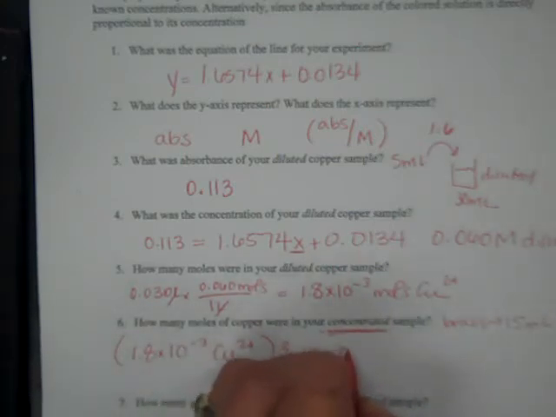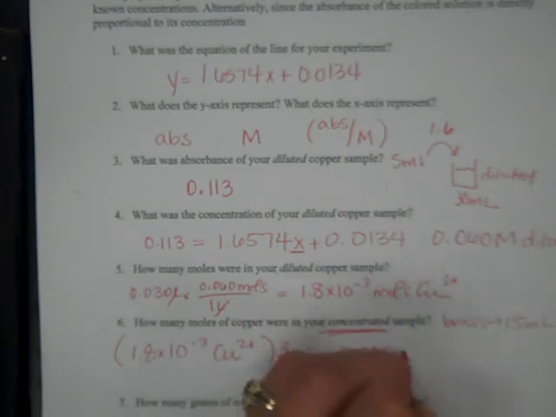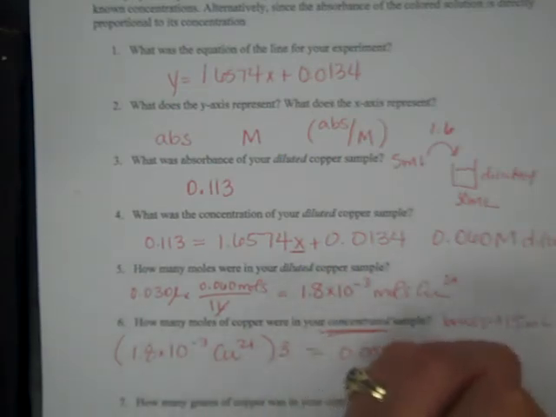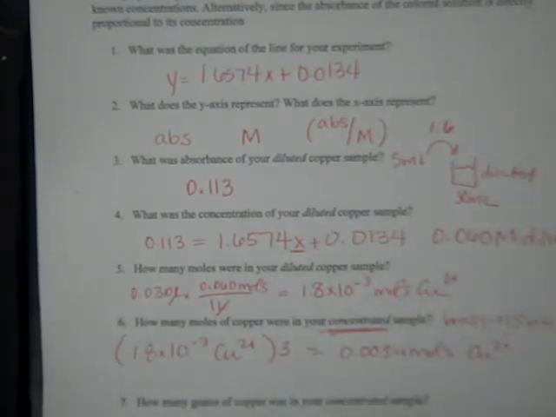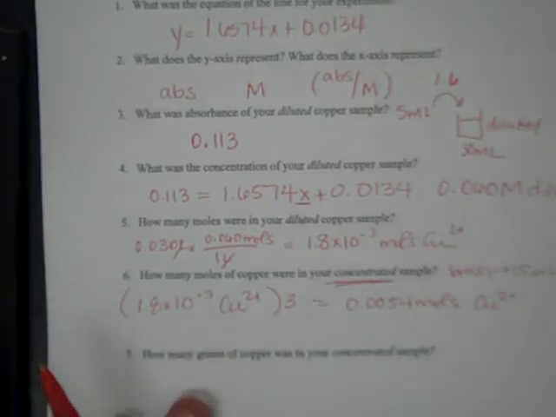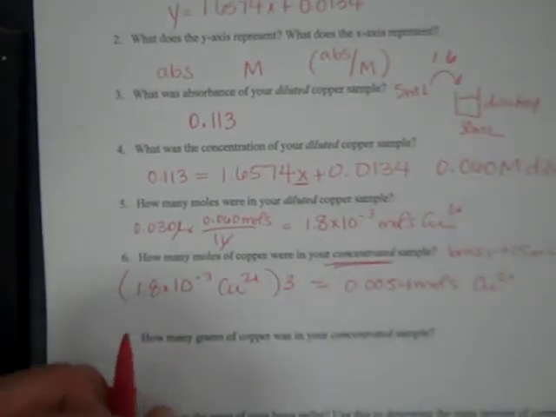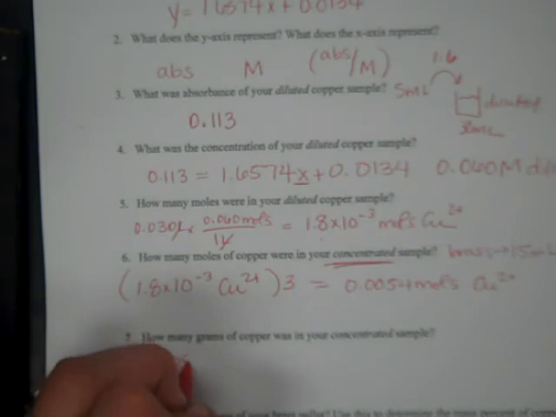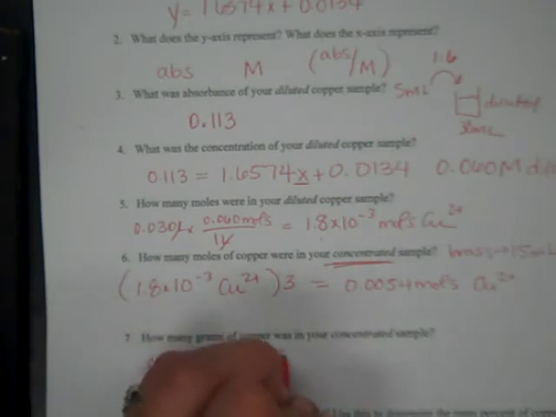So this is 0.0054 moles of copper ions. So now that I know how many moles were dissolved in your 15 milliliter sample, I can figure out the mass of that. So 0.0054 moles of copper ions.